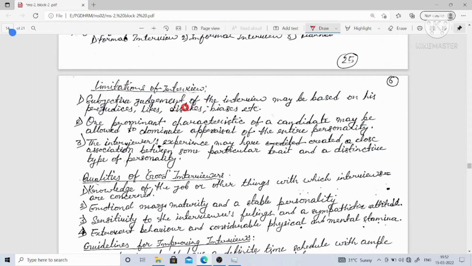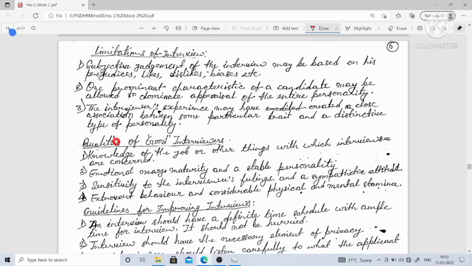One prominent characteristic of a candidate may be allowed to dominate appraisal of the entire personality. So this is the second limitation: one bad characteristic, or one good characteristic, can dominate the whole interview. That type of thing happens in interviews. So this is the limitation.